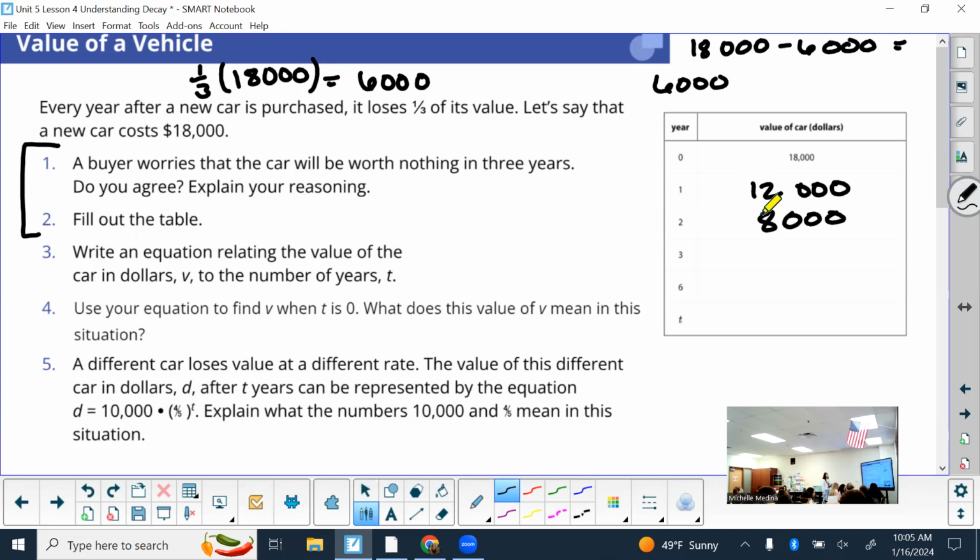You could figure out what a third of this is and then subtract it. Or you could figure out, if I'm losing a third, what remains of its value. If I'm losing a third of its value, what fraction remains? You could just multiply for each interval by 2/3, and then by another 2/3.